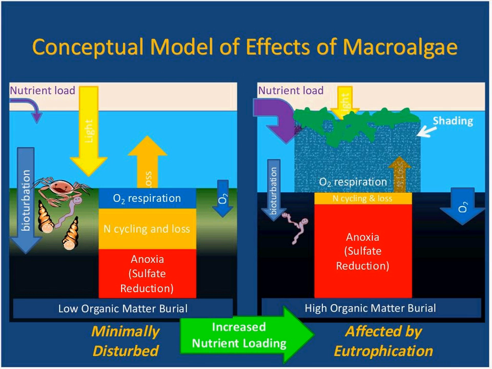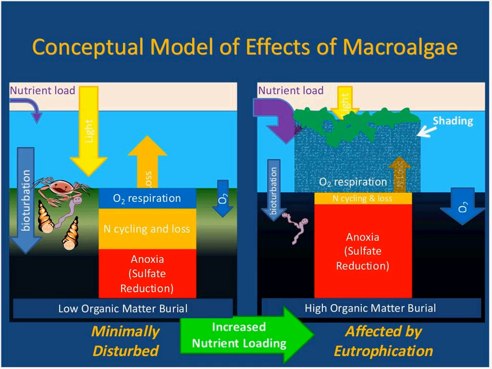It's actually a pretty complex conceptual model to summarize what kinds of effects macroalgae can have on estuarine ecosystems. Look at the one on the left, a minimally disturbed or low nutrient system. It has a very small purple arrow in the upper left.